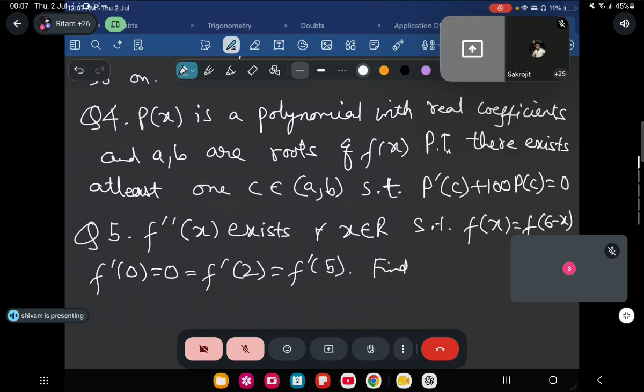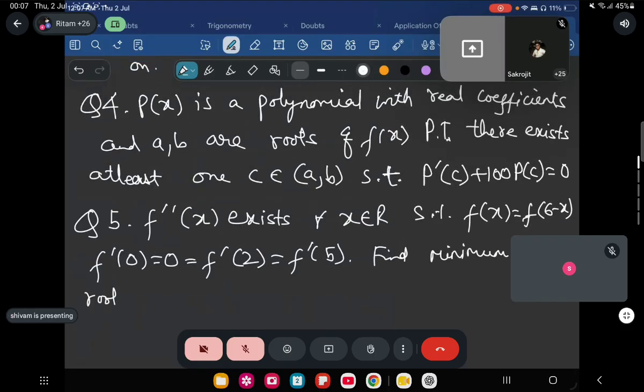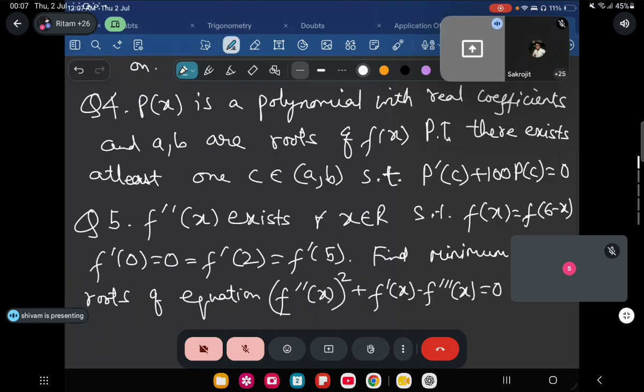Find the minimum number of roots of the equation (f double dash x) whole square plus f dash x into f triple dash x is equal to 0 in the closed interval 0, 6.